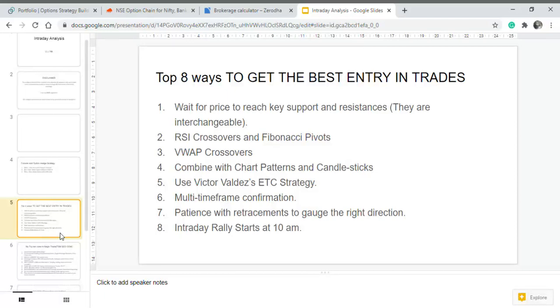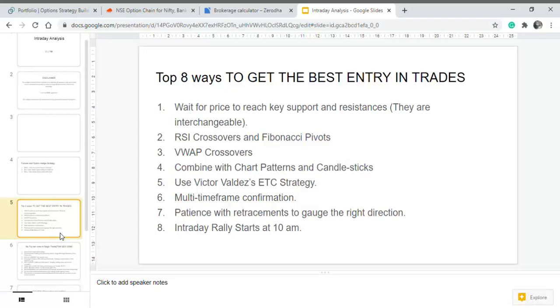So at the key support and resistance, wait for the crossover and the Fibonacci confirmation with VWAP confirmation, and how the chart patterns have been forming. This can be on either the 15-minute, the 3-minute, or the 1-hour chart, and you can take into consideration those patterns and candlesticks.